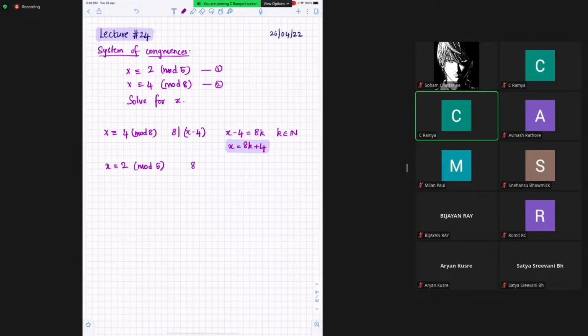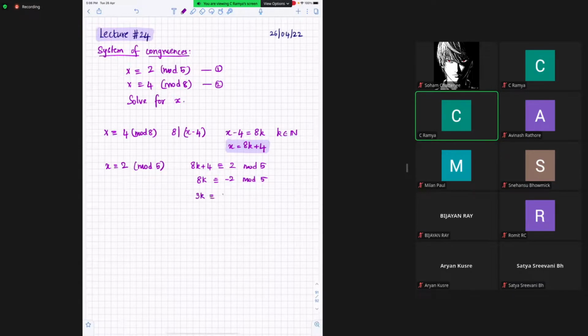Now the question is, is 8k plus 4 congruent to 2 mod 5? You can subtract 4 on both sides, because we know that we can subtract on both sides of a congruence. So you will get 8k congruent to minus 2 mod 5. We can subtract 5k so that I can divide.